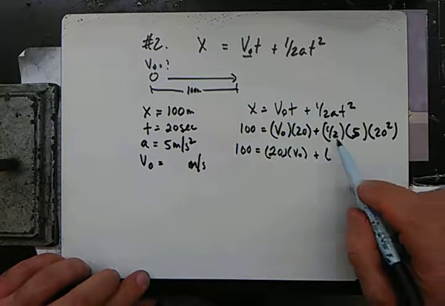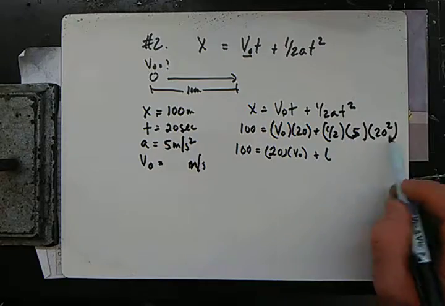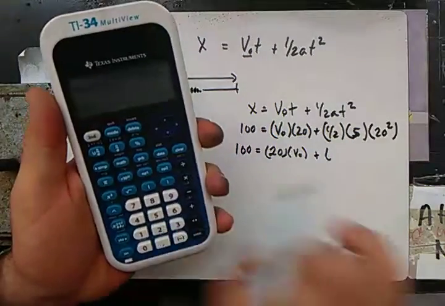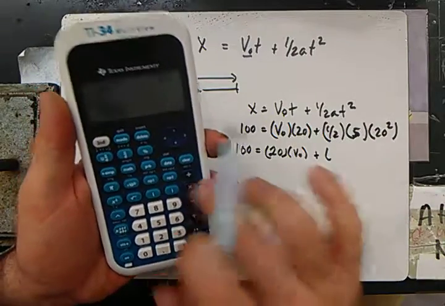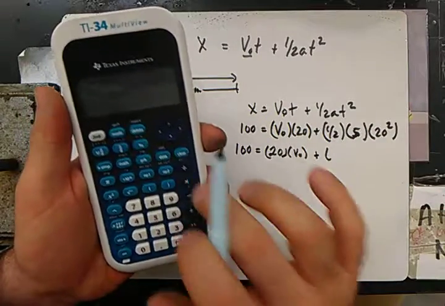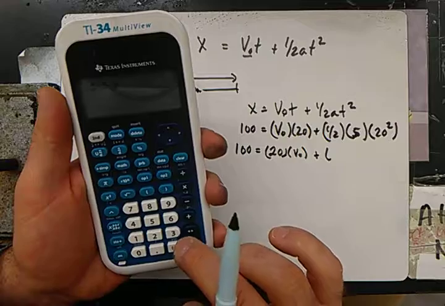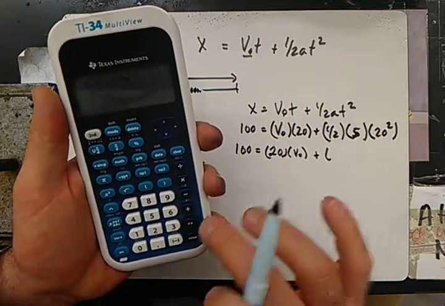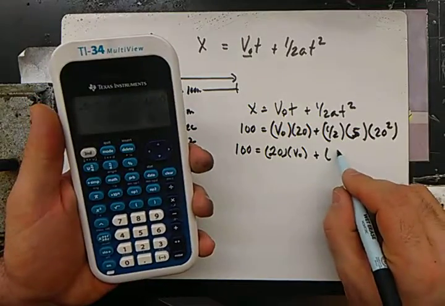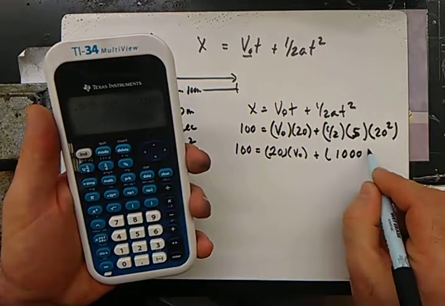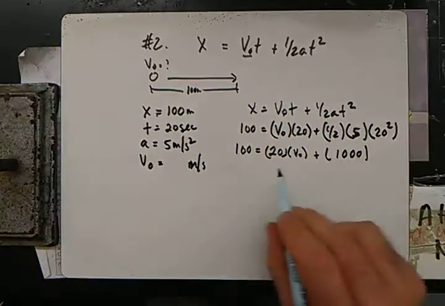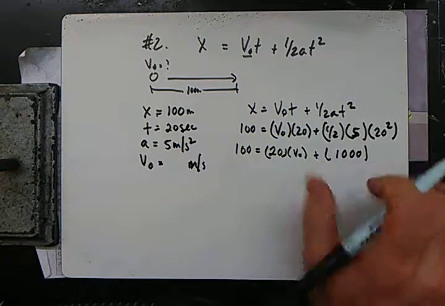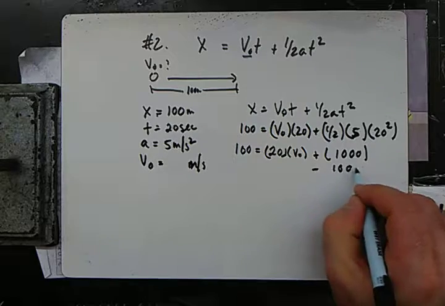Okay, so let's do this in the calculator. Half is 0.5 times 5 times 20 squared. Well, 20 squared is this. So this side of the equation is about 1,000 here. Okay, so look what we got here. We got 1,000 attached by addition. So let's subtract that on that side.